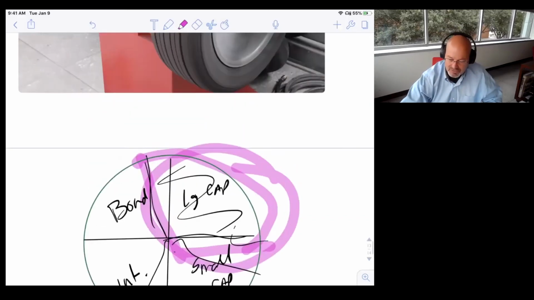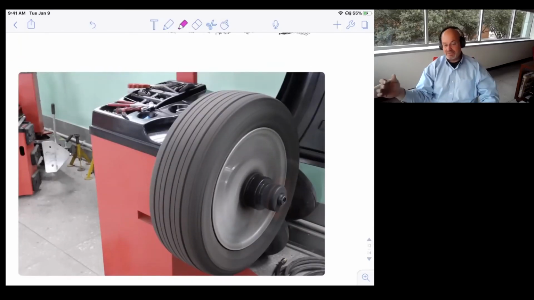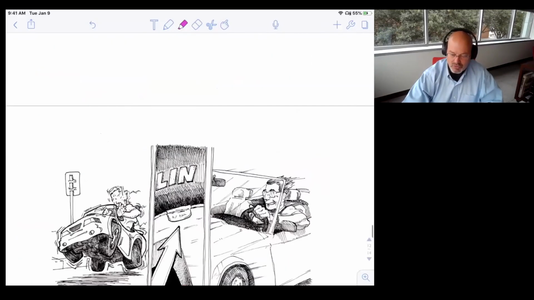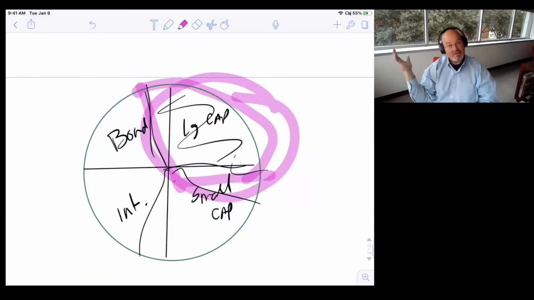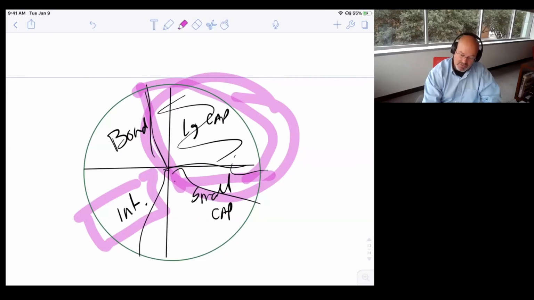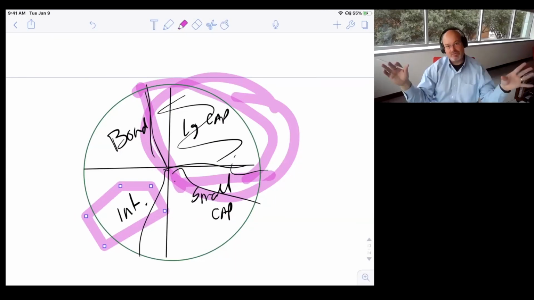So what we have to do is we have to put it back in balance. And that's where portfolio rebalancing comes in. You would then, at that point, just like Farmer Joe sold the cows, you would sell off some of your large cap, and international is way down. So you would then come over here and you'd buy some more international. When you rebalance your portfolio, like that little reminder or notification that I got, it said my portfolio was rebalanced.